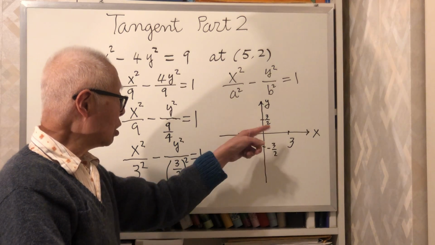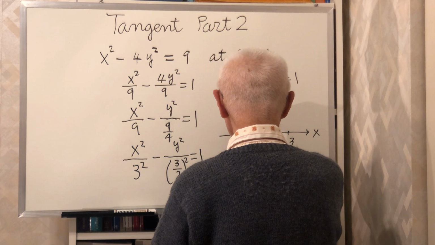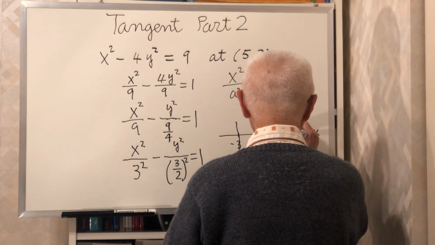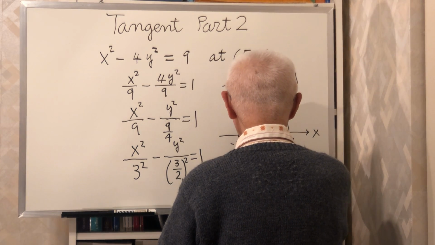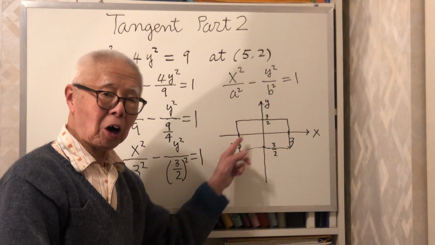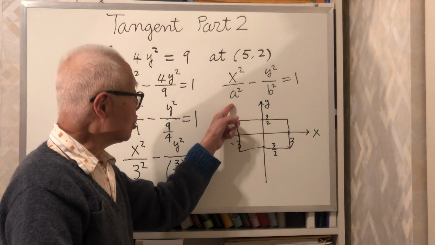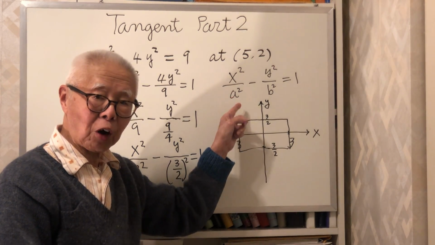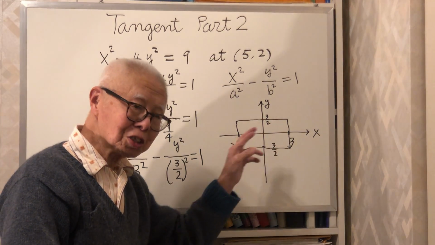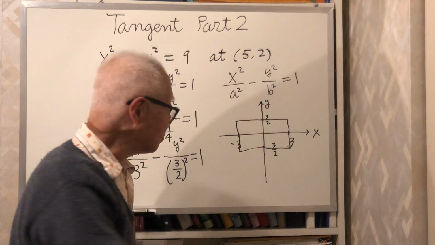Once you have the 4 points there, draw a rectangle like this. And this is an ellipse, the standard form of an ellipse. And the ellipse is inside the rectangle and touching all the sides.